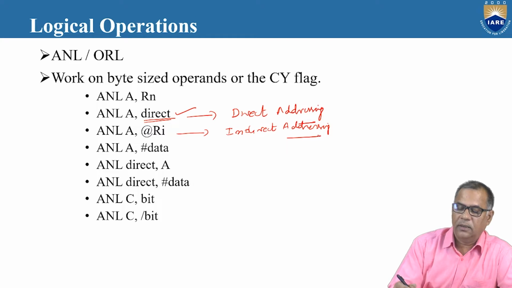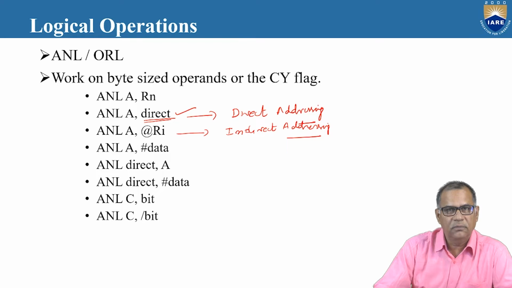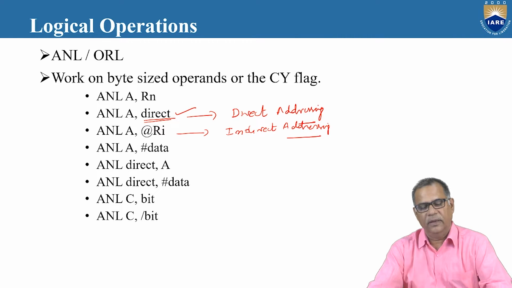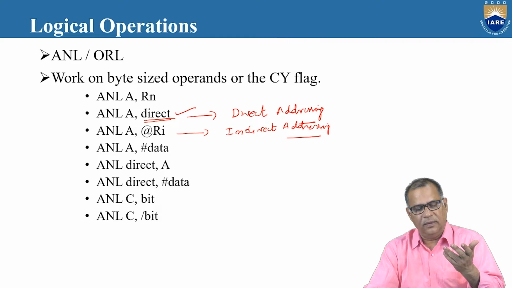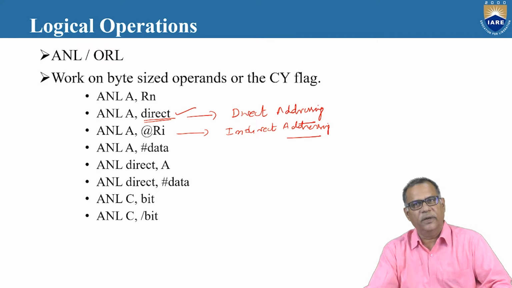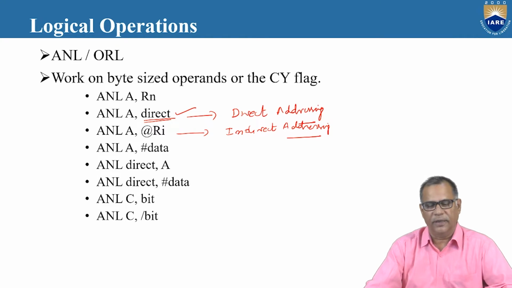So here, the next operand is stored in the memory, at the address specified in the register Ri, and the contents are logically ANDed with the contents of the accumulator, and the result is stored in the accumulator.